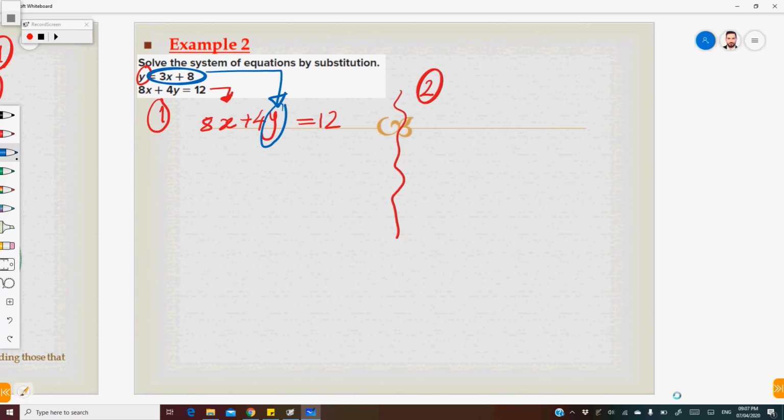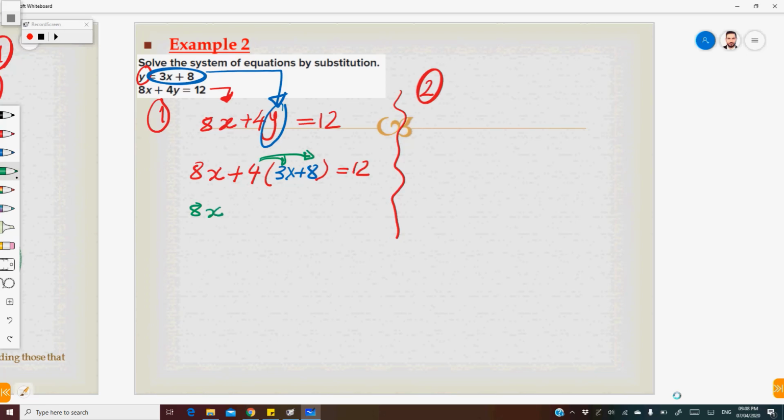So let me repeat it for you and write it again: 8x plus 4, but I will not write y. I will replace y with 3x plus 8. This is our first step. You will replace y with 3x plus 8. Second, you will use the distributive property here.